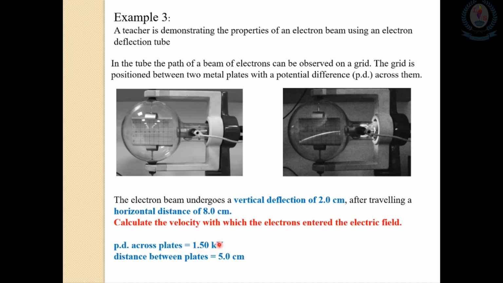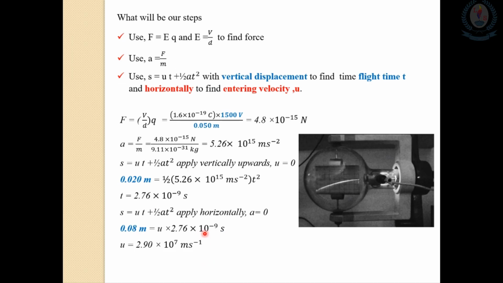When we are using it, you have to convert it to volts by multiplying by 1000, and the separation of the plates is given in centimeters. So we have to keep in mind, need to convert it to meters by dividing by 100.